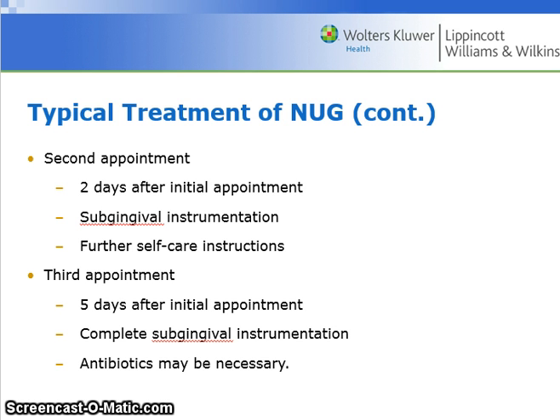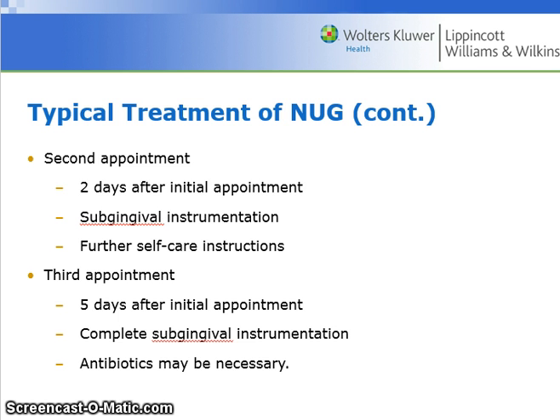At the second appointment, 2 days after the initial appointment, subgingival instrumentation can commence, and the patient can be given further self-care instructions. The third appointment is scheduled 5 days after the initial appointment, and you can at that point complete subgingival instrumentation.